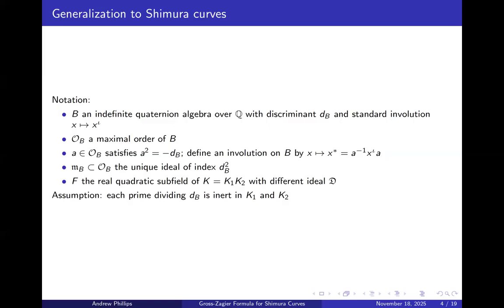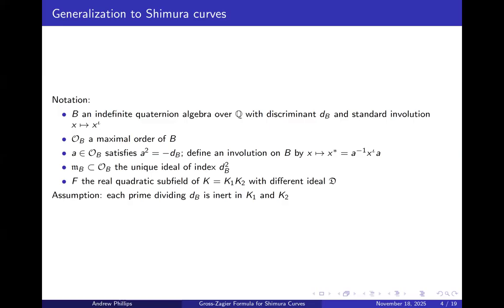That comes down to the structure of quaternion algebras over local fields: if you have a quaternion algebra over a Dedekind domain, maximal ideals of O_B are in bijection with maximal ideals of Z by contracting the ideal. So for the primes that divide the discriminant, there's a unique maximal ideal lying over it. And if you take the product of those, we get this M_B.